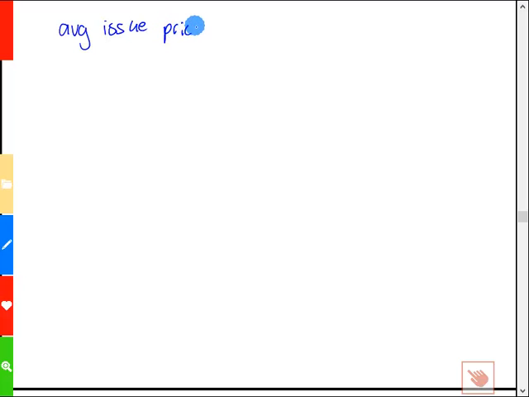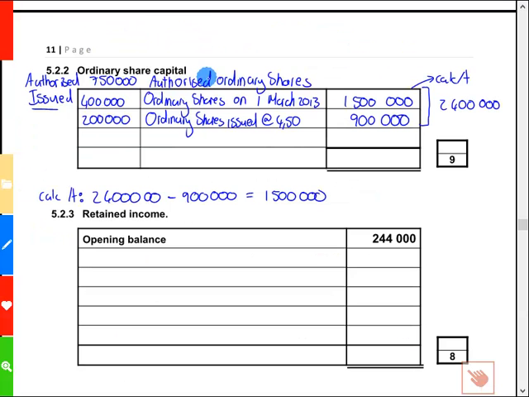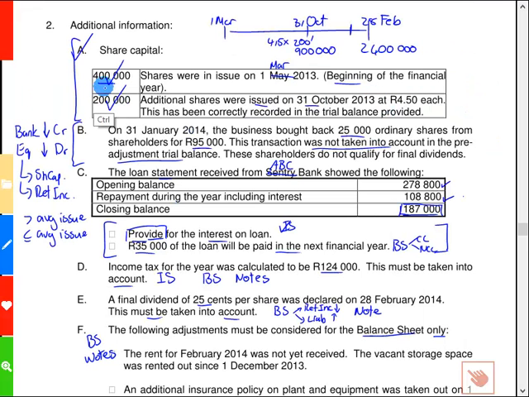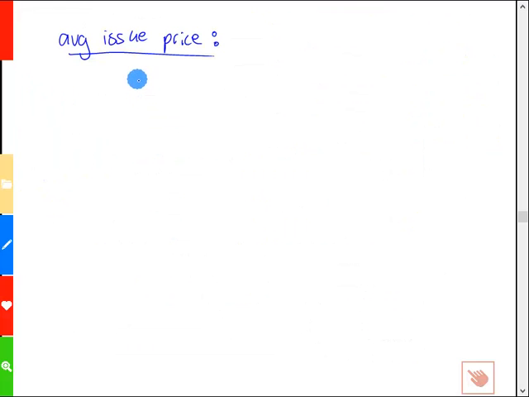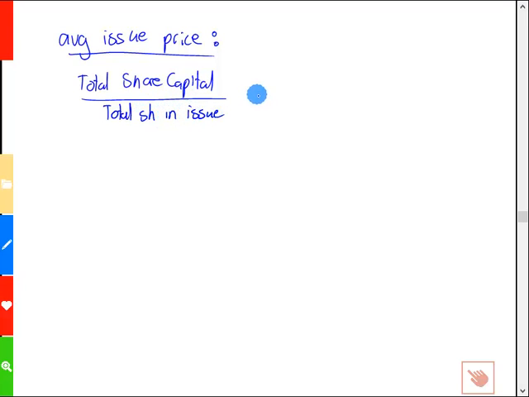What is our average issue price here? How do we calculate that? You take your total share capital over your total shares in issue, and that's going to be 2.4 million.